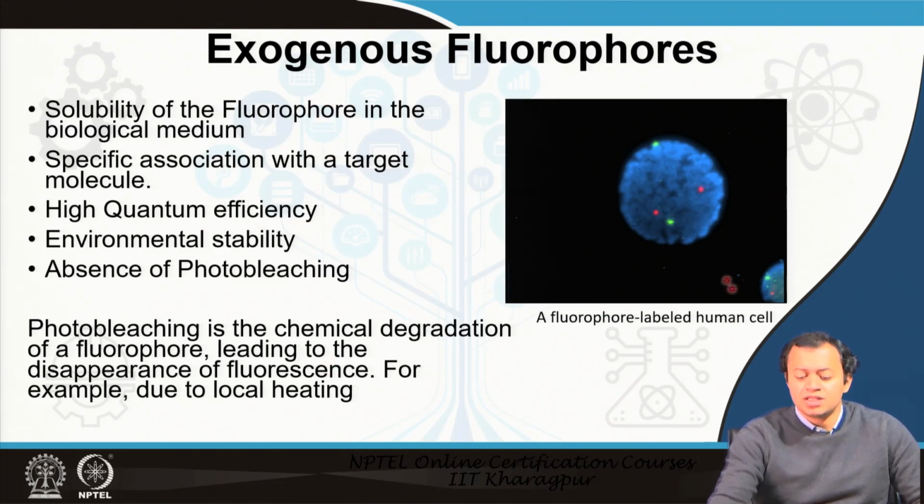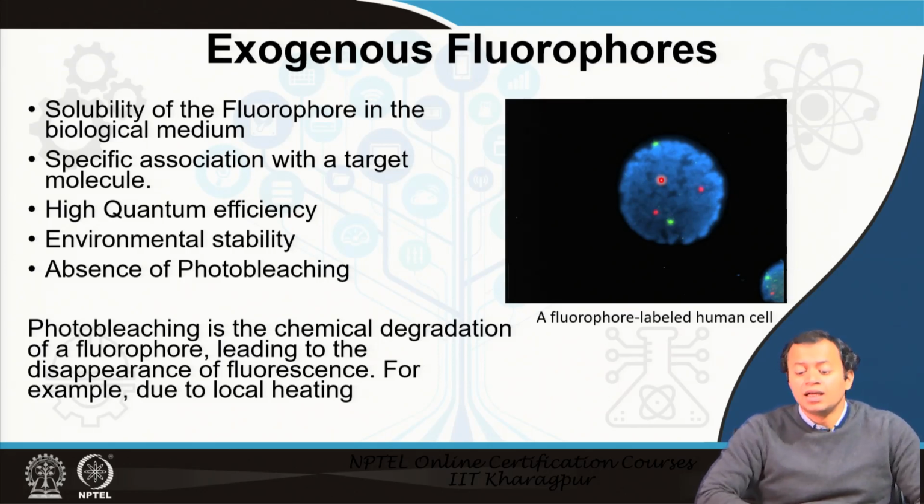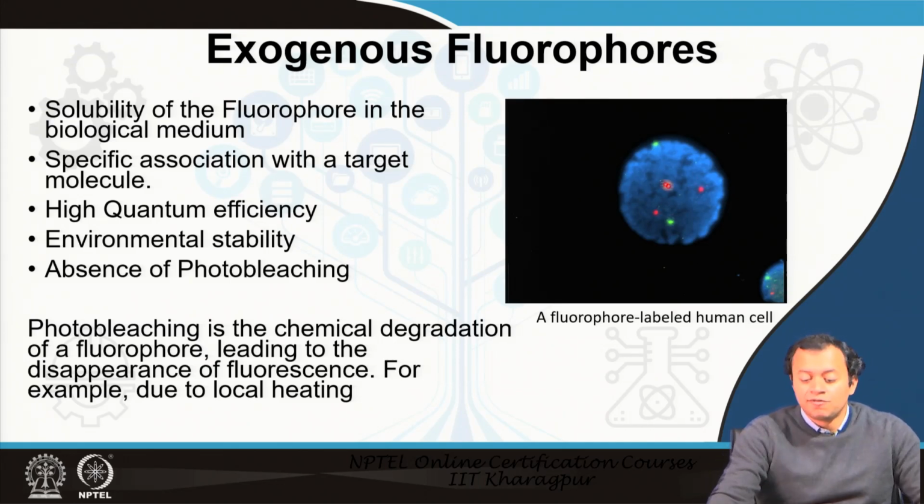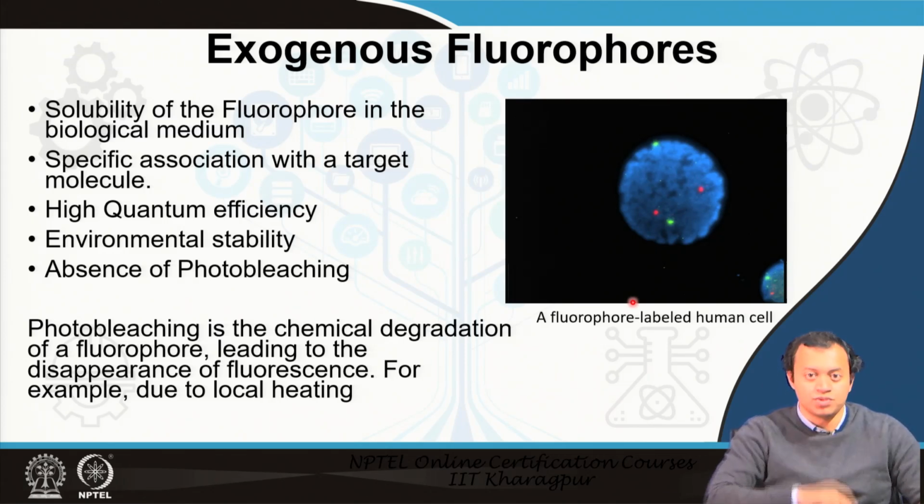This is a perfect example. This is a human cell in which we have labeled it with a red type of fluorophore and a green type of fluorophore, i.e. molecules which emit red and green light upon being excited by, I think, blue light, and these fluorophores attach themselves only to specific types of chromosomes.